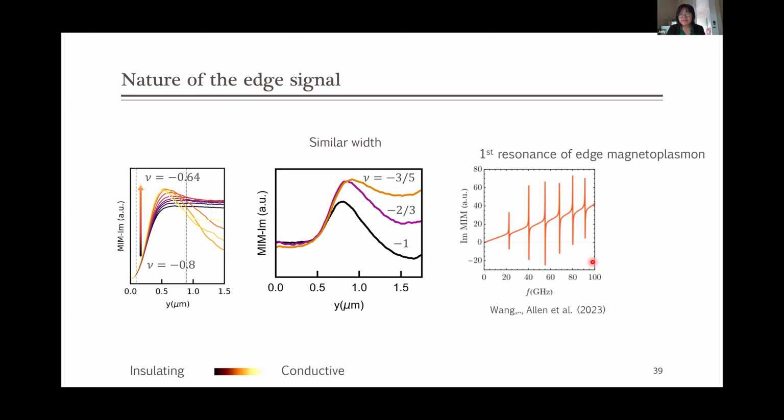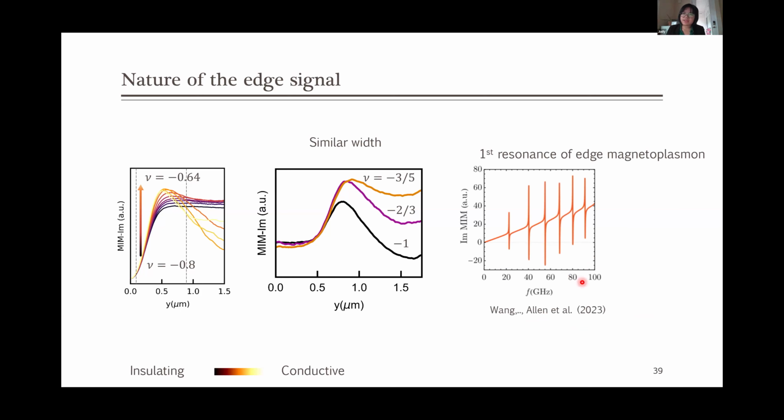Well, this enhancement was kind of explained by our theory collaborators from a different paper that they had in 2023 on edge magnetoplasma resonance. So in the microwave regime, you start to develop some plasma or electron hole motions across the edge.